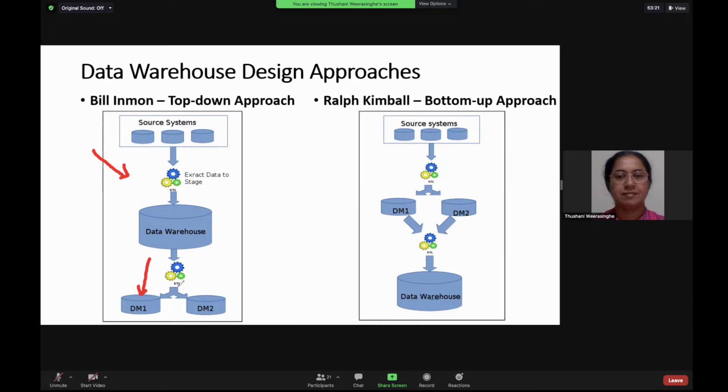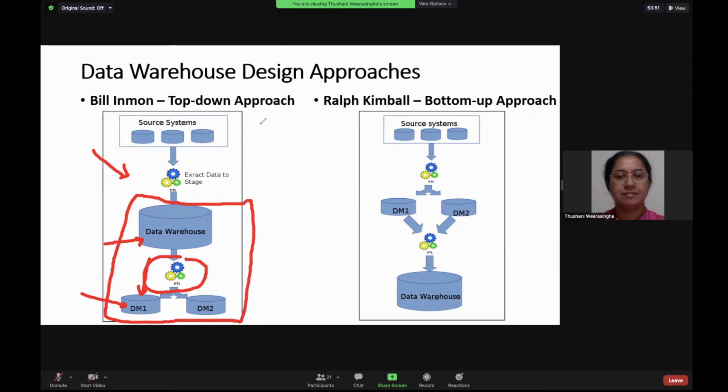We will analyze the data, sort it and send it for storing purposes, and then BI applications can be run at this place and also at this place. So we have to refer to this part.